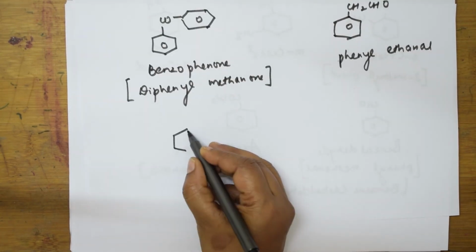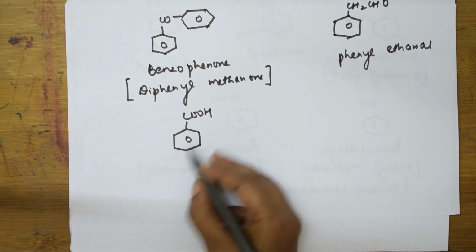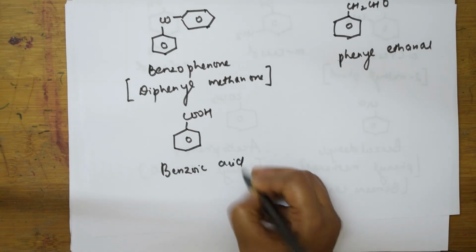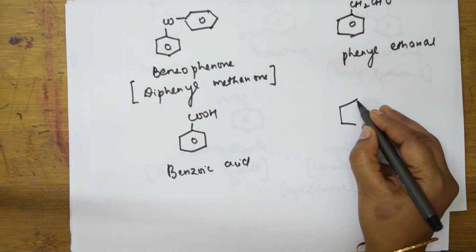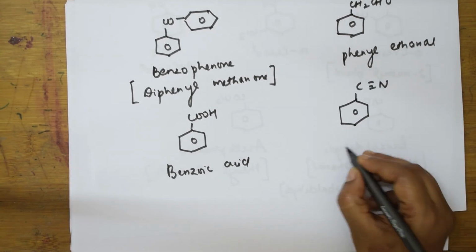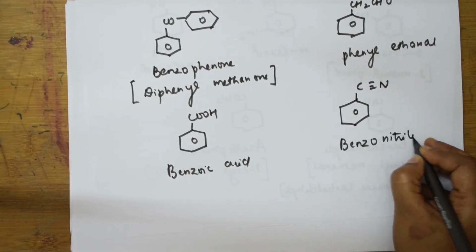If I have a benzene ring and COOH, what do I name this? I call this benzoic acid. After the acid group we have nitriles, isn't it? Your amines. Now this one, I call it benzonitrile.